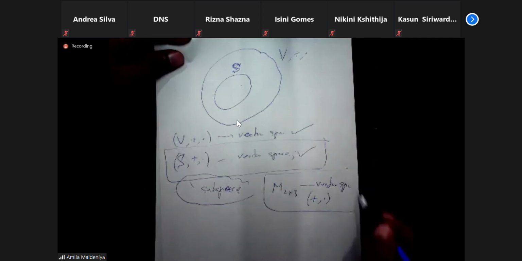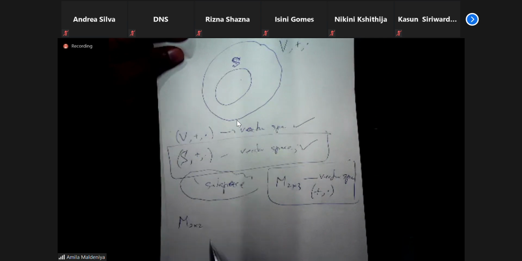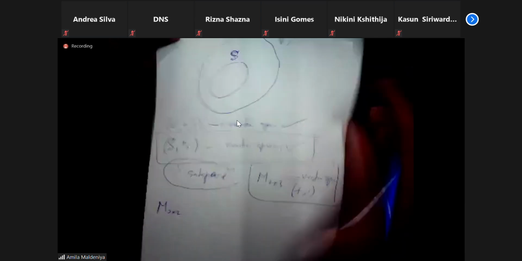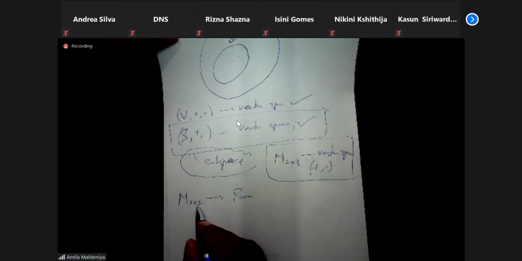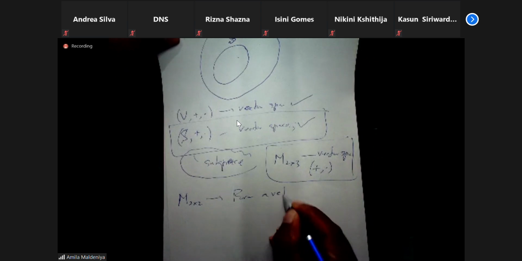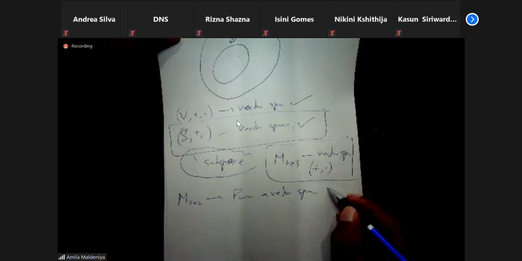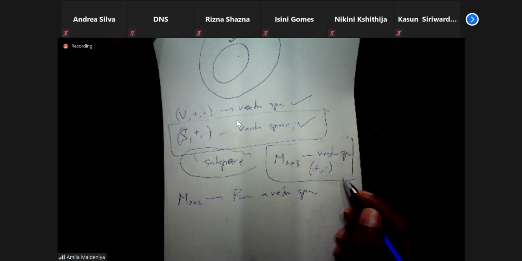Similarly, any 2 by 2 matrices form a vector space, where the addition is the usual matrix addition and multiplication with a scalar.